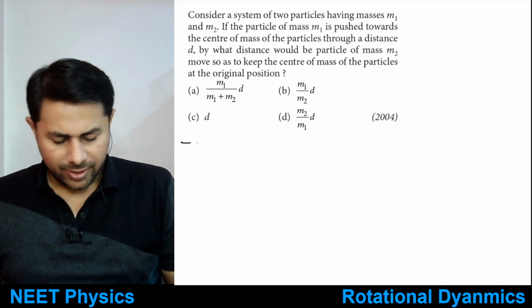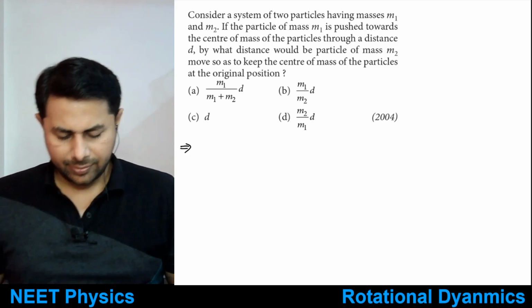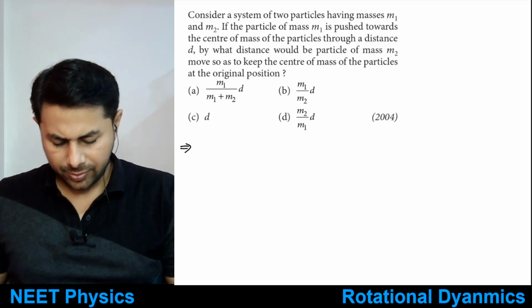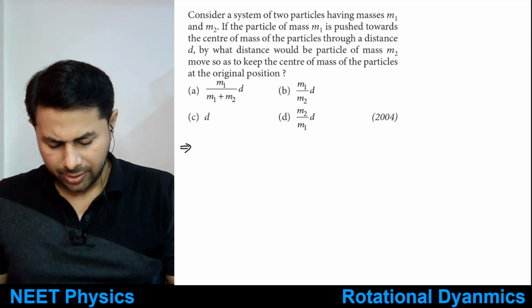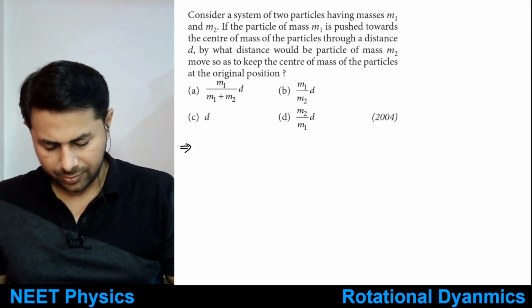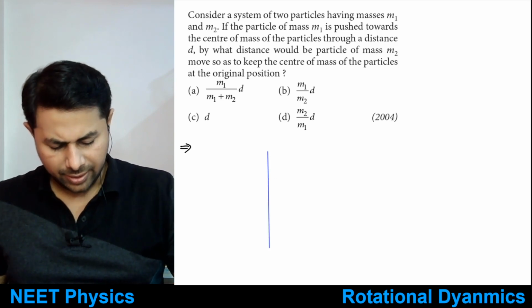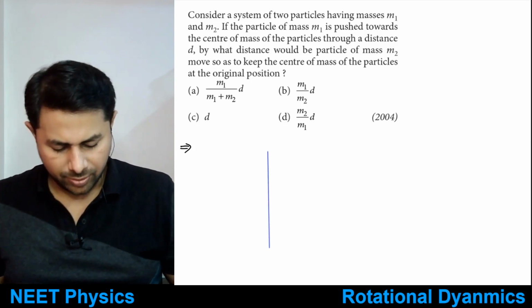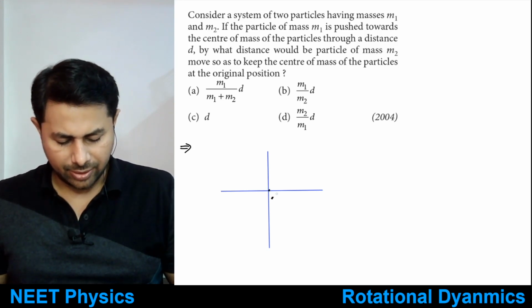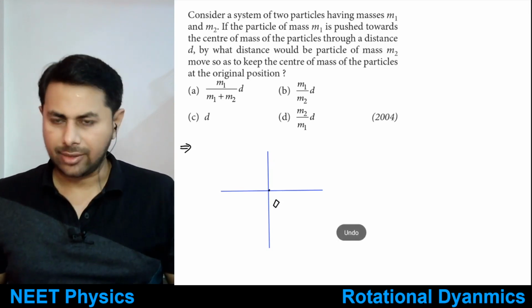right? And it is not at all difficult. Okay, so now let's suppose that center of mass is at origin. Can we say that? We can say that there is no problem. Okay, so this is the center of mass, it's at origin.